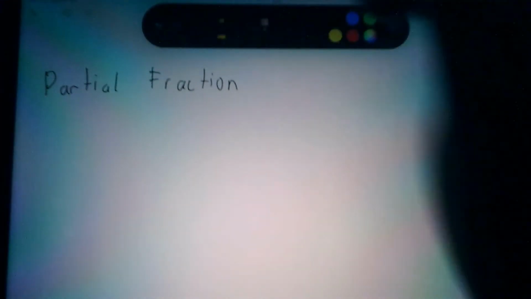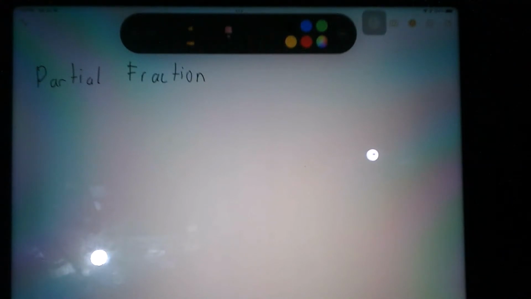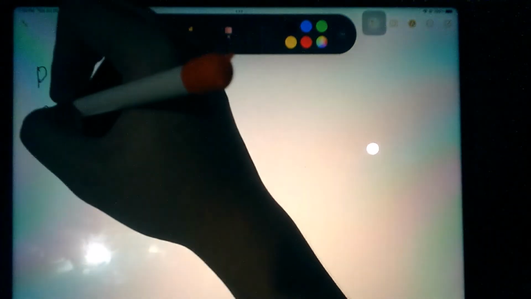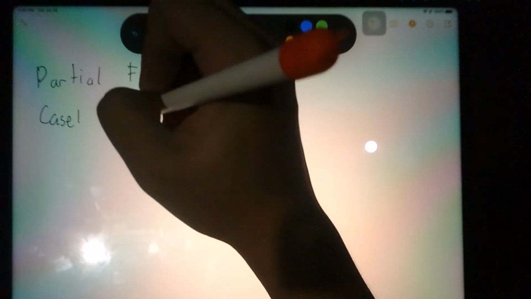So let's do that. In this technique of integration, there are three cases of partial fraction. The first case is case 1, the distinct factors.